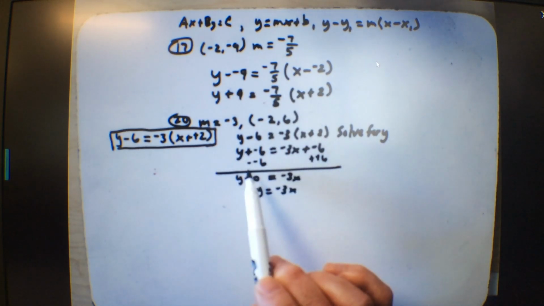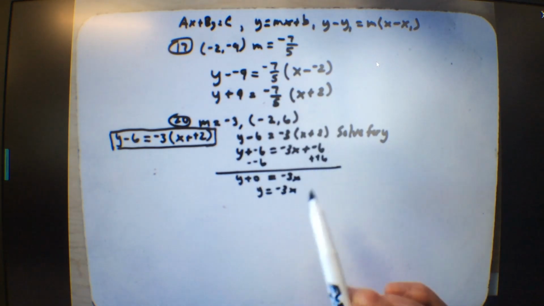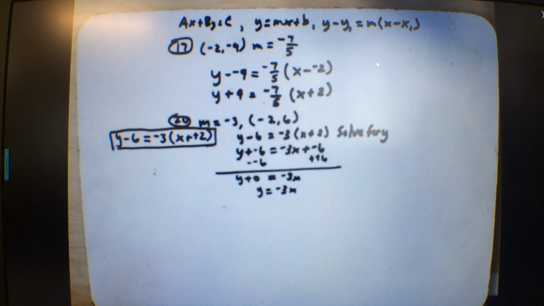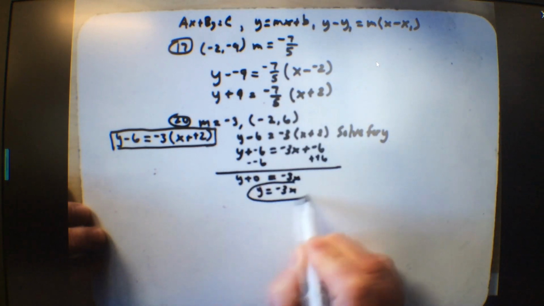And if I subtract a negative 6, I get 0, don't I? Yeah. Is that wrong in the book? Did I copy the problem down right? Have you guys done this problem? And that's what you got? I must have made a mistake earlier. Okay, so we think this is the answer, right?